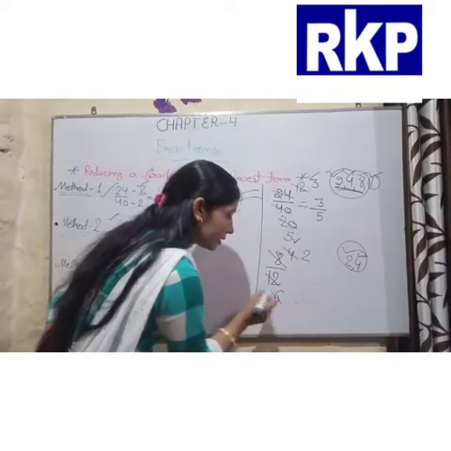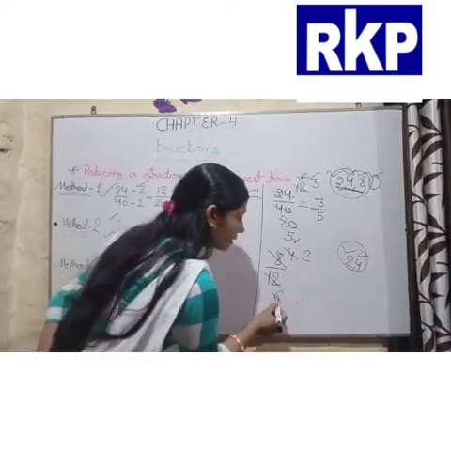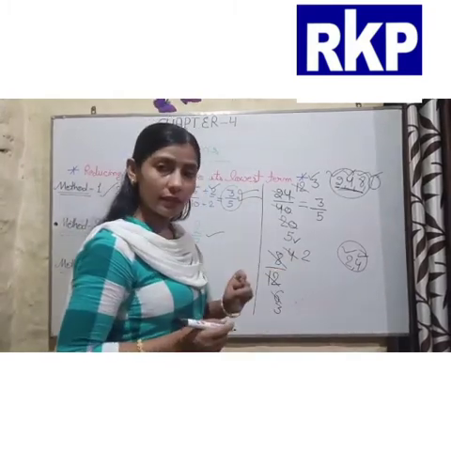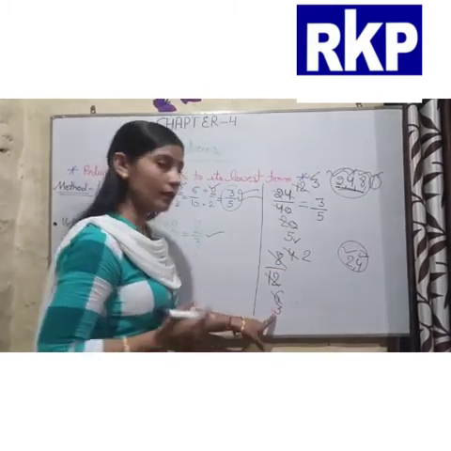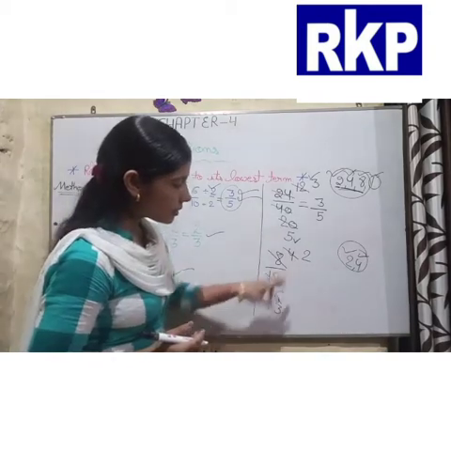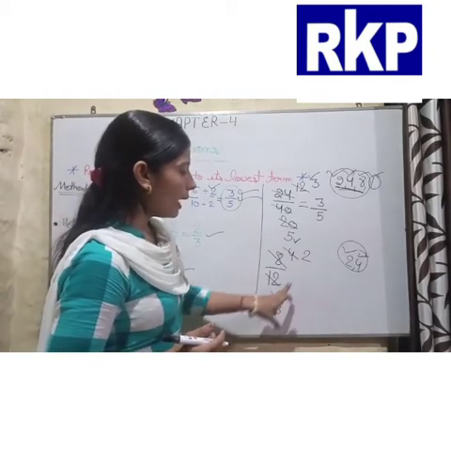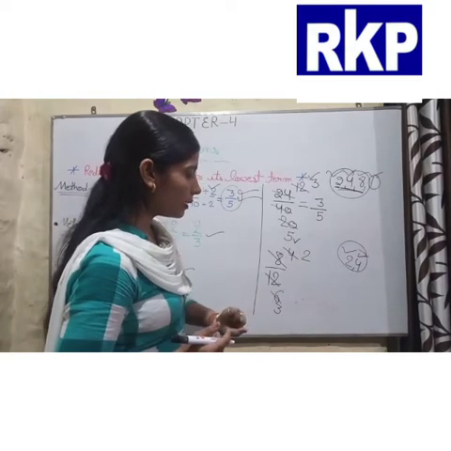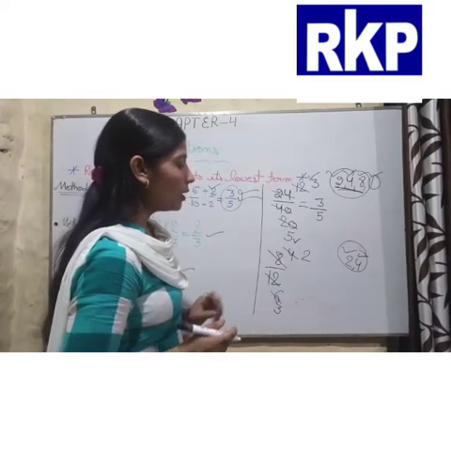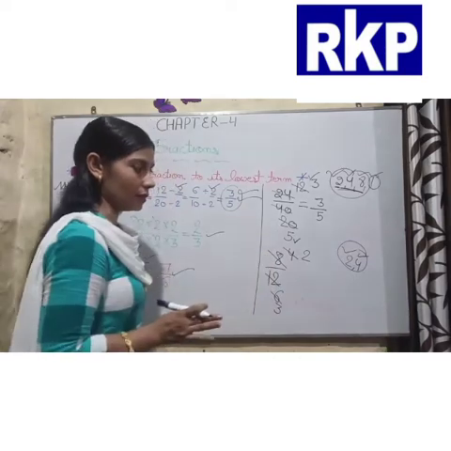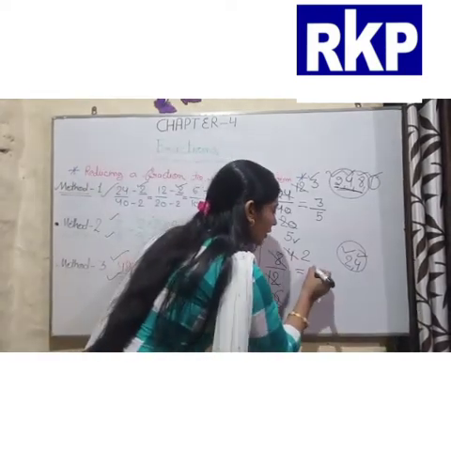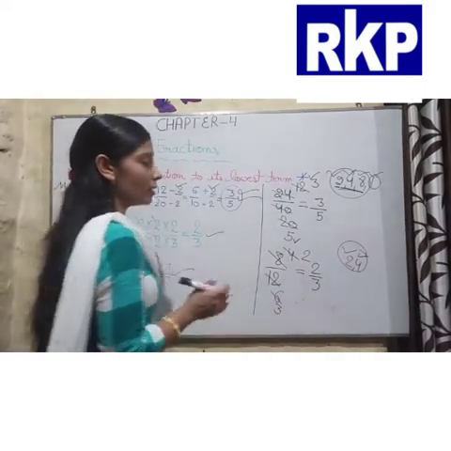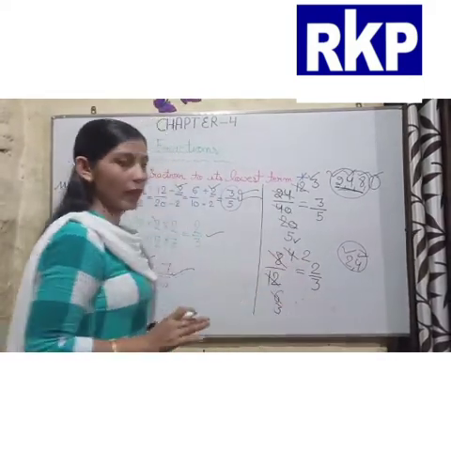And if we divide 6 by 2, we will get 3. Now we have 2 as a numerator and 3 as a denominator. There is no common factor other than 1. So it means 2 by 3 is the lowest term of 8 by 12.